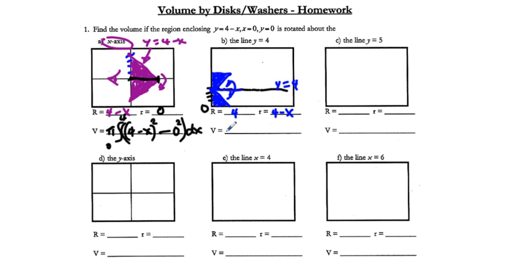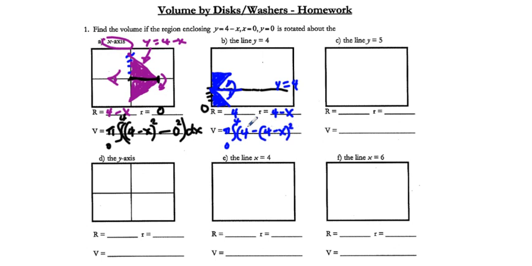And so our volume is going to be equal to pi, limits from 0 to 4, and we're going to have big R, and big R is 4, so I'm going to put open parentheses 4 minus little r will be 4 minus x squared.